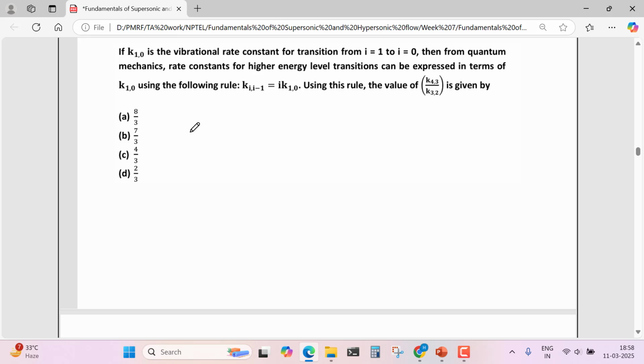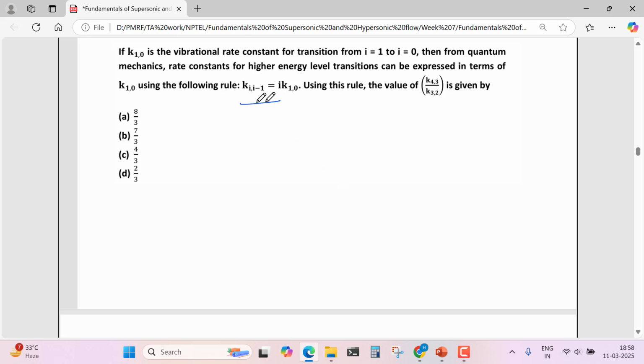Now we will see the next problem. If K10 is the vibrational rate constant for transition from i equal to 1 to i equal to 0, then from quantum mechanics, the rate constant for higher energy level transitions can be expressed in terms of K10 using the following rule.